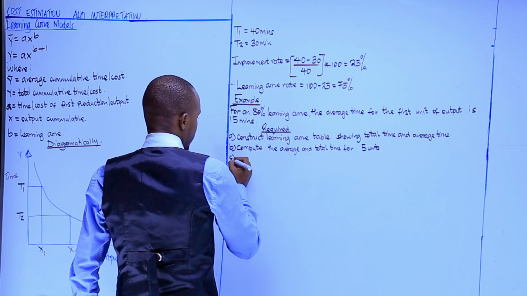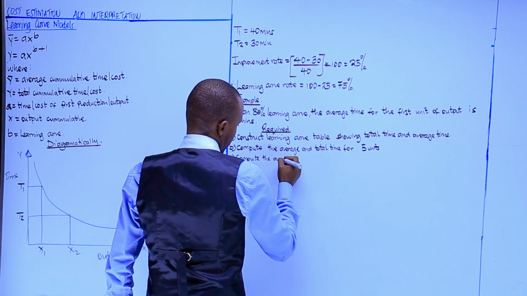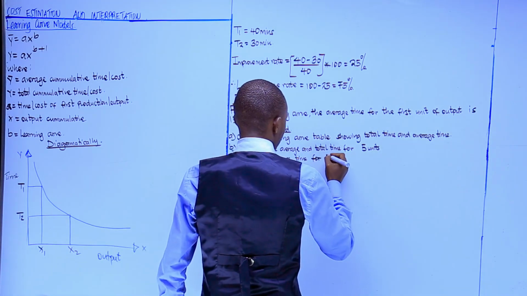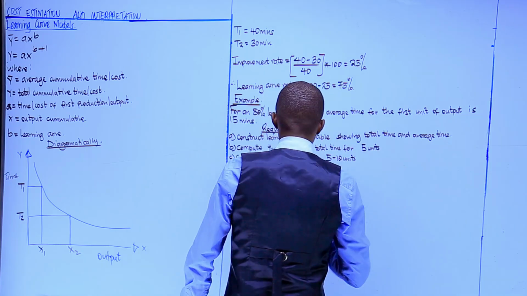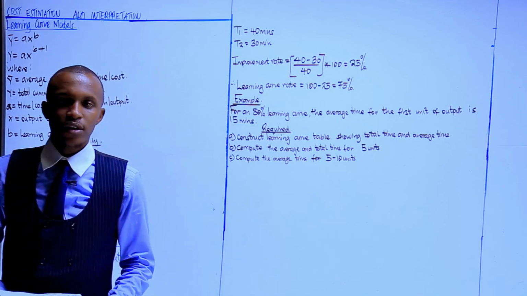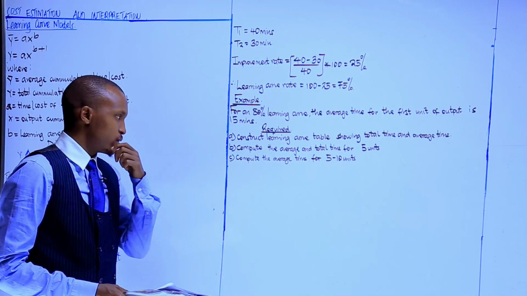Then compute the average time for 5 to 10 units.